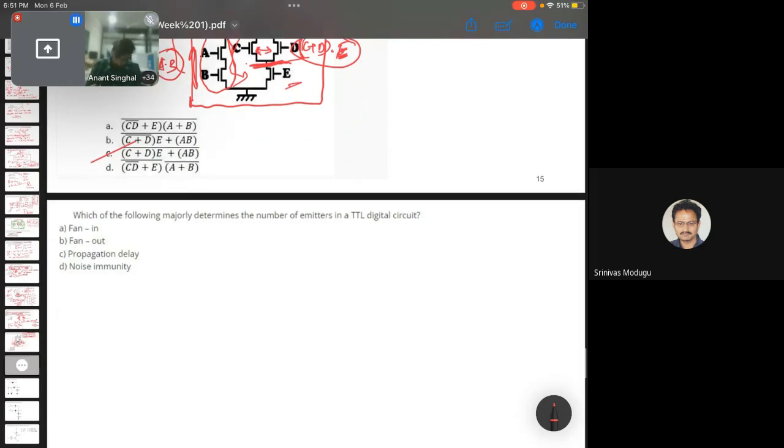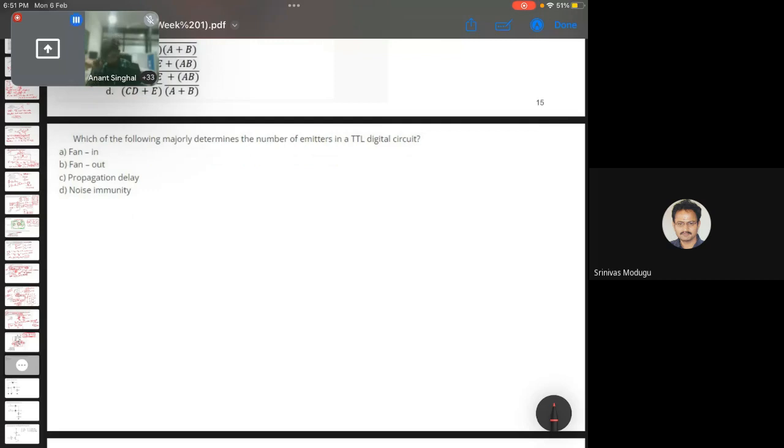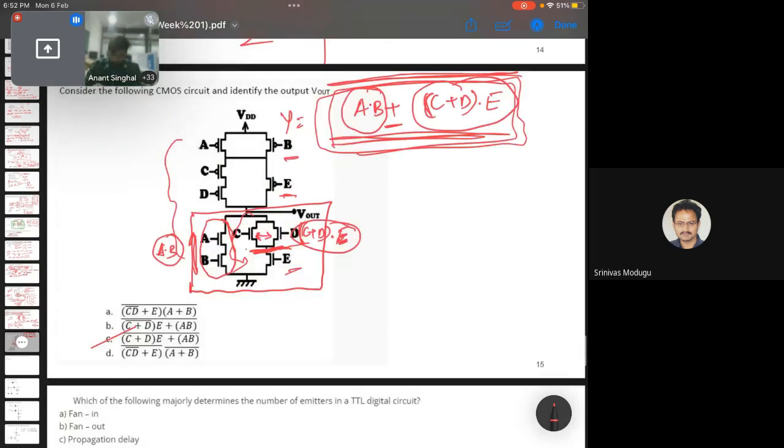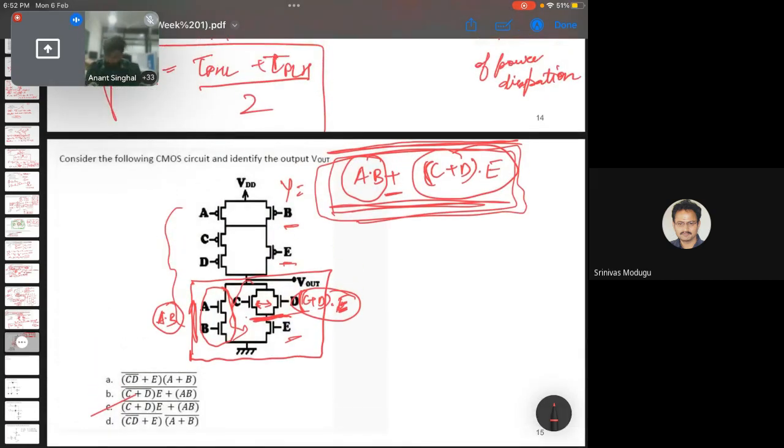Okay, so let's proceed. This is again one of the theoretical questions. Maybe we can do an exercise in this because this is an important concept. We can even go back to the circuit if we have this equation.